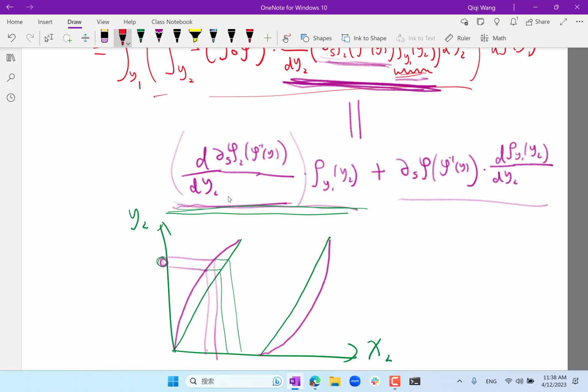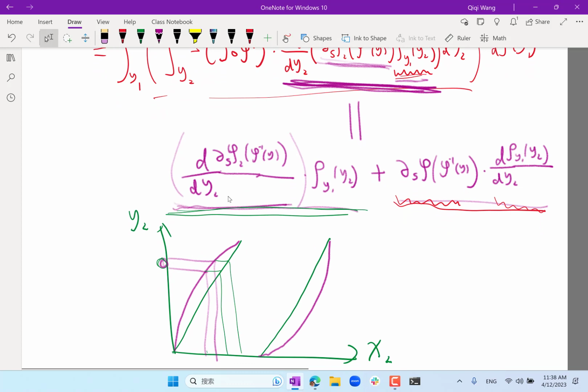Now, what is the second term? The second term is related to the magnitude of the perturbation times the derivative of the density. This is saying that if the perturbation is positive, then instead of mapping from the green x location, I'm mapping the density from the purple x location.